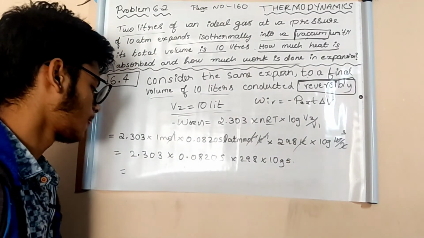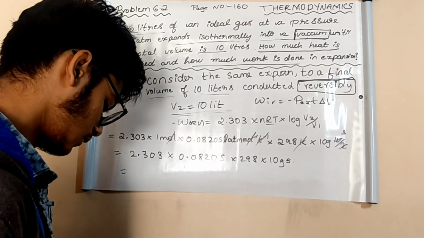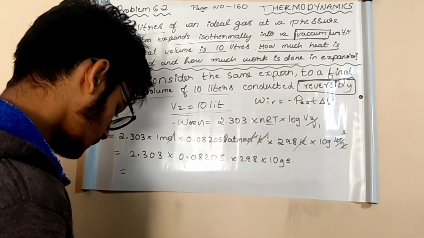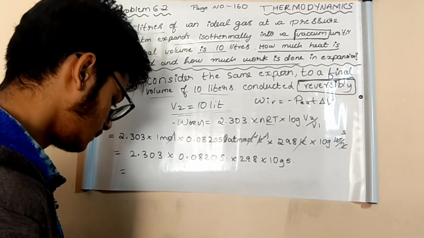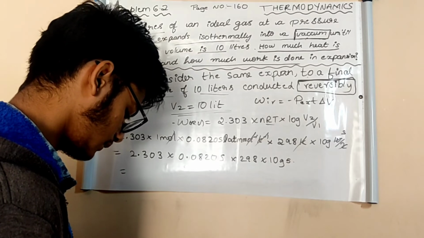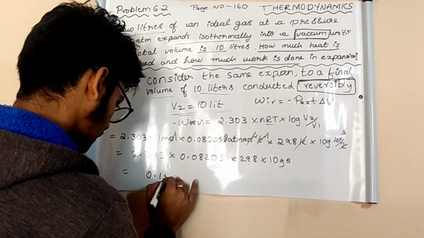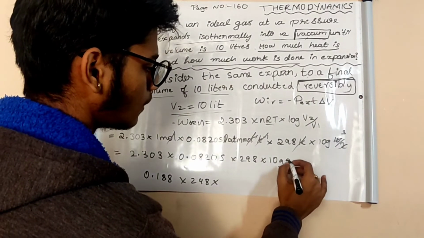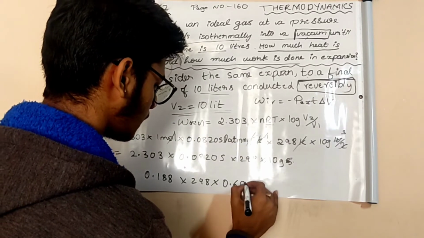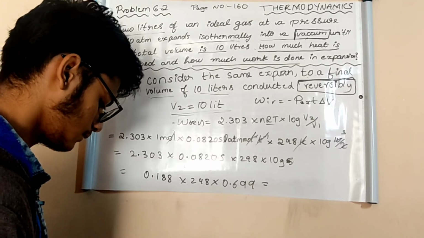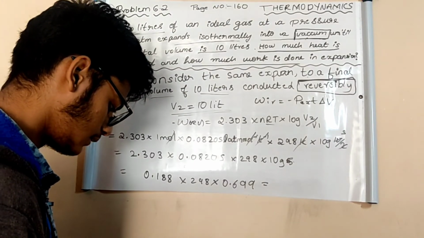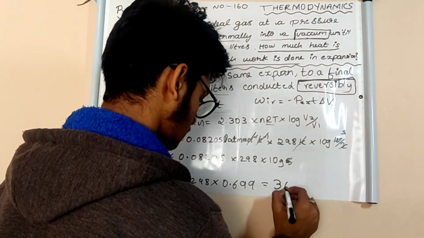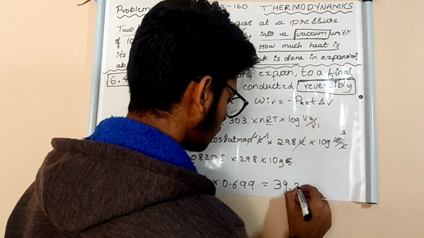Log 5 value is 0.699. So when we calculate this, 2.303 into 0.08205 into 298 into 0.699, that is 39.36.